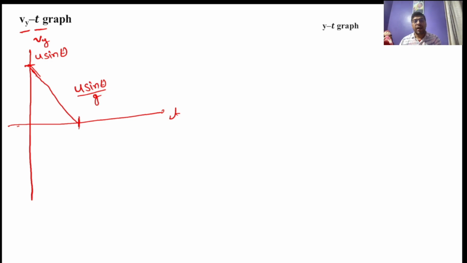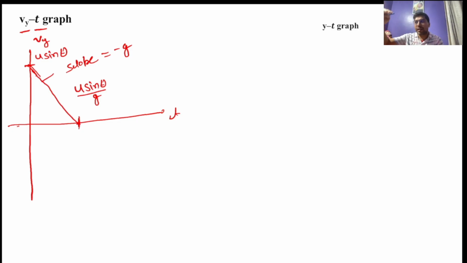Clear? If you calculate the slope of this, you get minus g. We know the slope of a velocity-time graph is acceleration, and we get acceleration minus g.